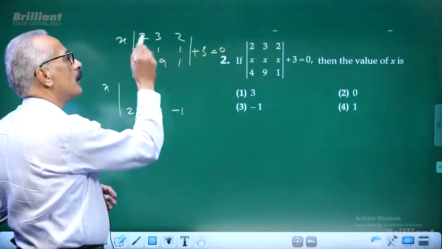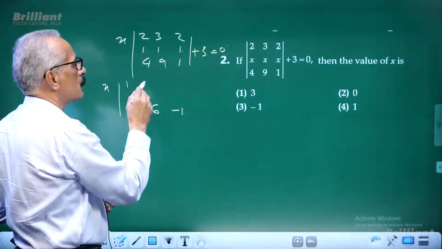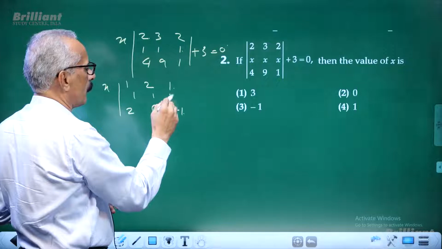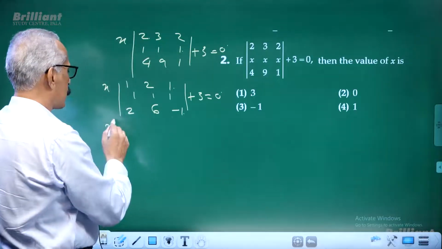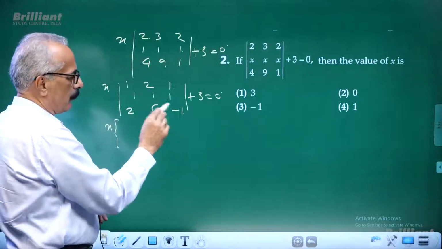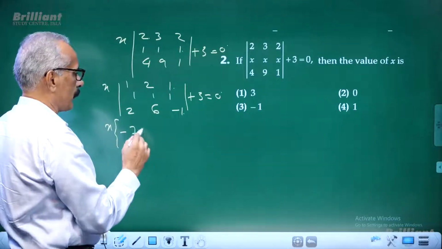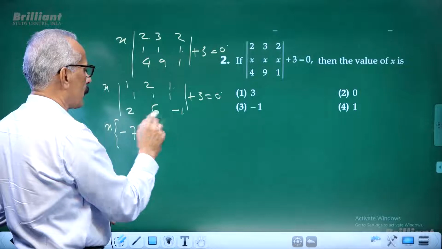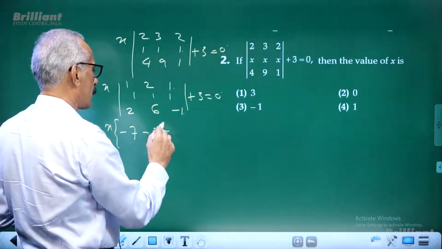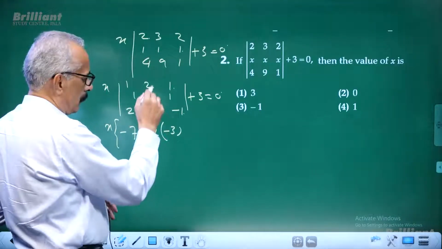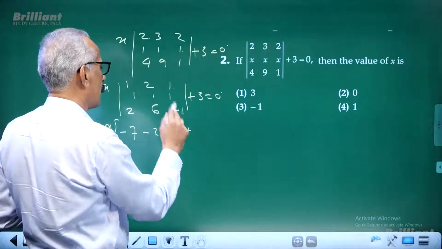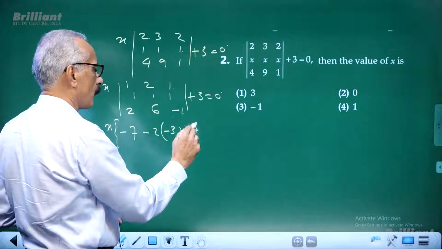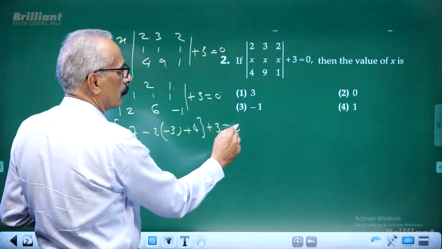And then 1, 1, 1 from here, it will become 1, 2, 1, then 1, 1, 1, plus 3. Now the numbers are reduced, expand it. So x into, 1 into minus 1, minus 6, minus 7. Minus 2 into minus 1, minus 2, that is minus 1, minus 2 means minus 3. Minus 2 into minus 1 minus 2 plus 1 into 6 minus 1 into 6 minus 2, that is 4, plus 3 equal to 0.